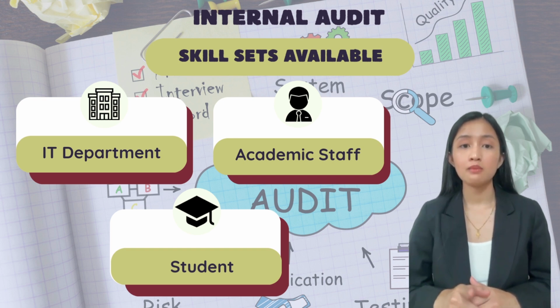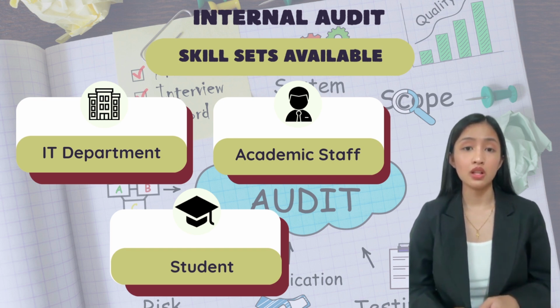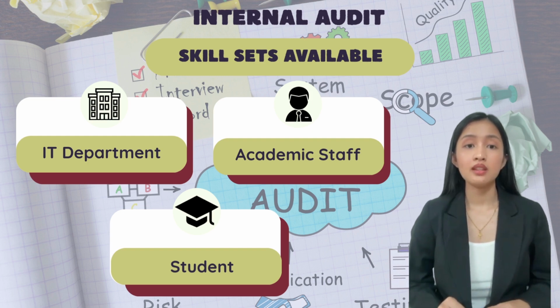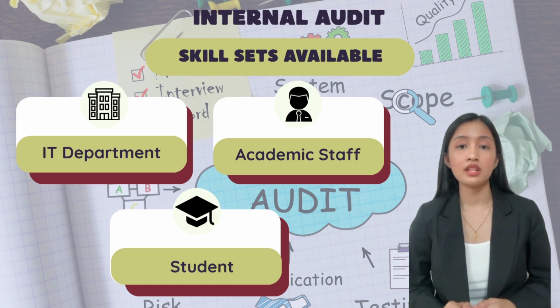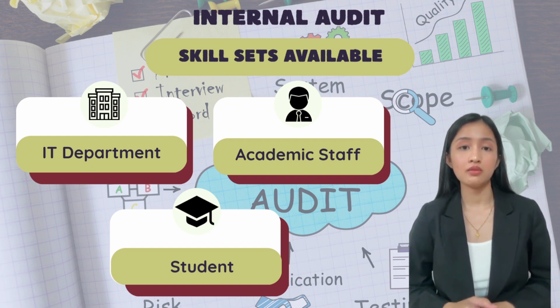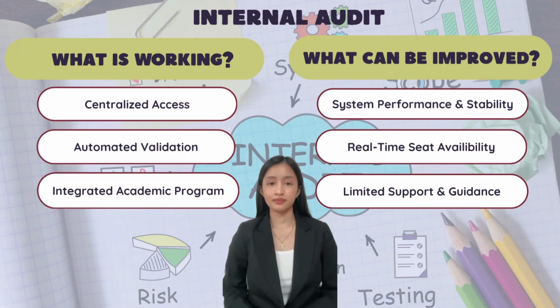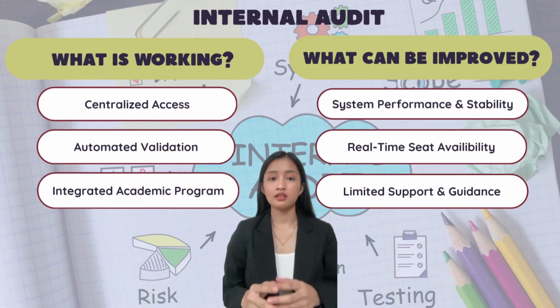Other than that, academic staff. They are responsible for updating course offerings, schedules, and lecture assignments within the system. Lastly, students. Although they are not involved in managing the system, their ability to use it effectively is essential for the process to run smoothly.